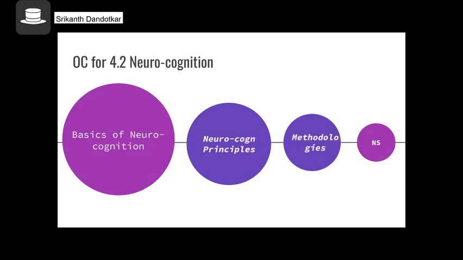Okay, in this particular unit, 4.2 neurocognition, the outcomes are: first we'll talk about the basics of neurocognition, then we'll talk about some principles specific to neurocognition, then we'll talk about the few most important methodologies coming from this discipline, and we'll end with talking about the nervous system in general.